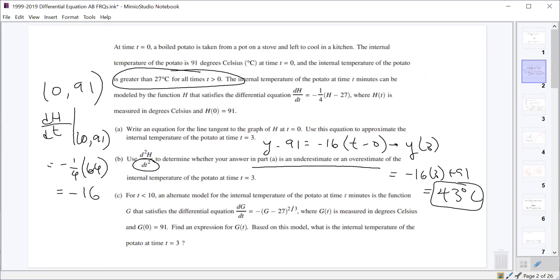Part C then says for t less than 10, they give a different model for the temperature of the potato that only works for 0 to 10, as dG/dt equals negative blah, blah, blah. And they want us to find G of t. So this is the part where they're asking us to actually solve the differential equation itself. So we're going to use dG/dt equals negative (G minus 27) to the 2/3.